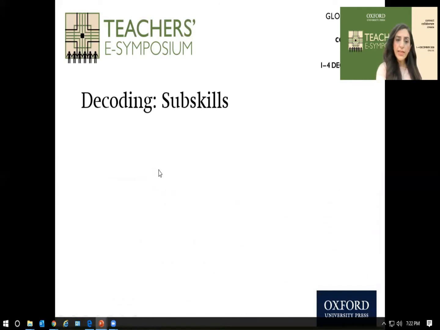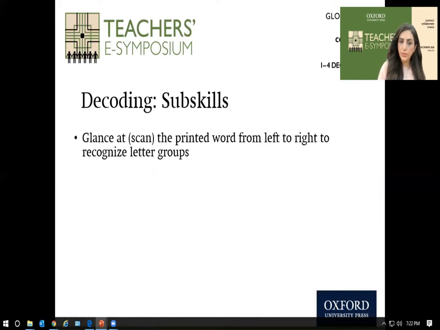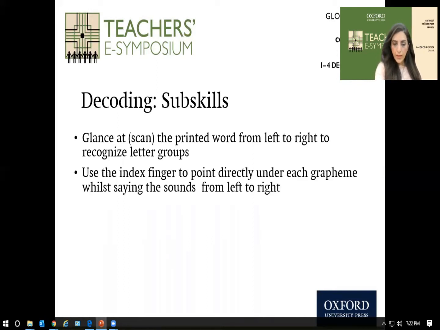So decoding has some important subskills that we need to teach. The first subskill is to glance at the printed word from left to right and recognize letter groups. You then train the students to use their index finger to point directly under each grapheme, or written letter, while saying the sound from left to right.